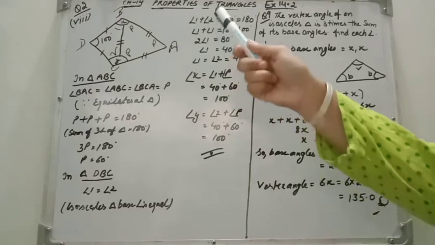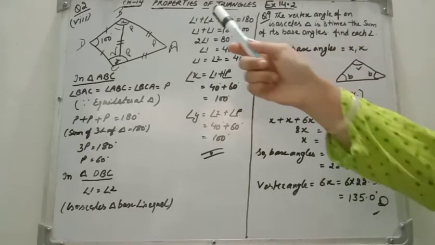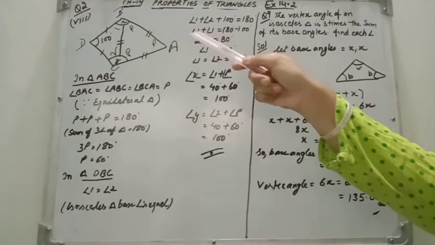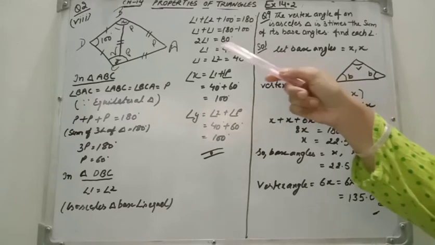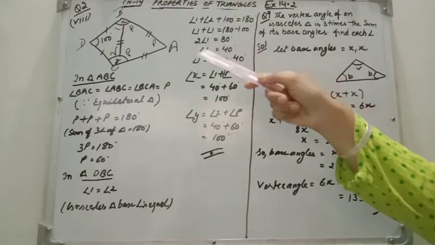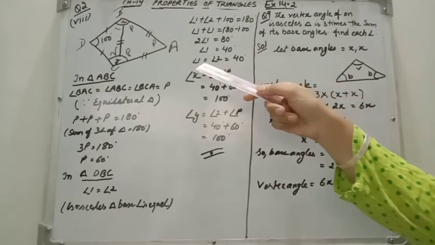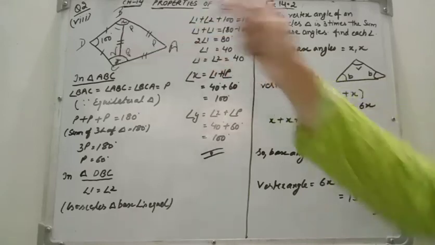So in a triangle, angle 1 plus angle 2 plus 100 is equal to 180 degrees. So put the value of angle 2 as angle 1. So angle 1 plus angle 1, 100 will move to the other side. After subtraction we get 80. So 2 moves to the other side. So we get 40. So angle 1 is 40, angle 2 is also 40. This one 40, this one also 40.